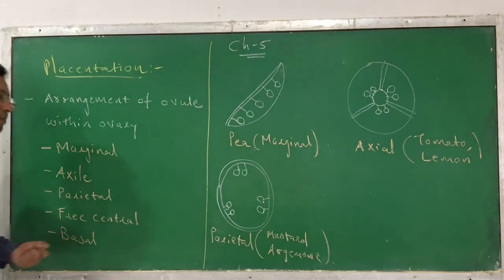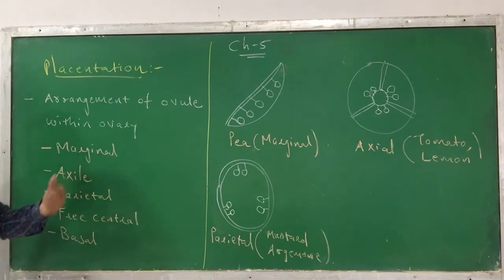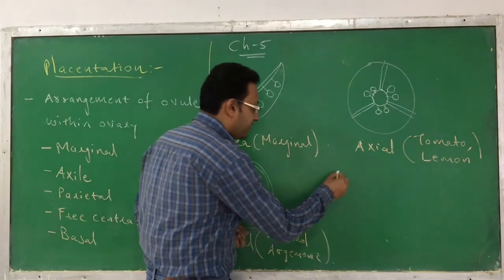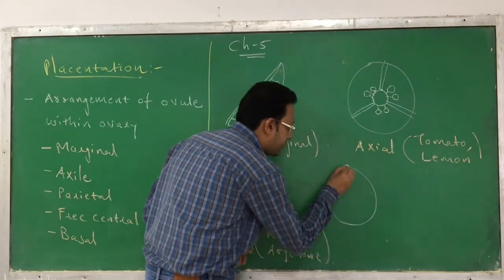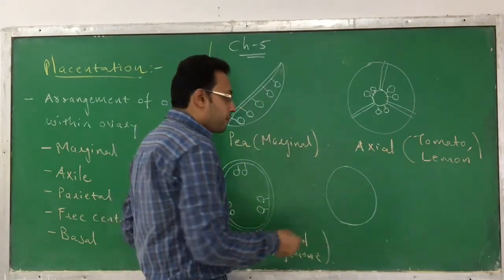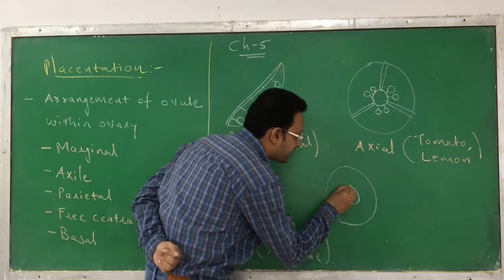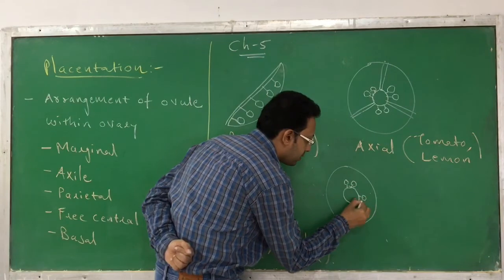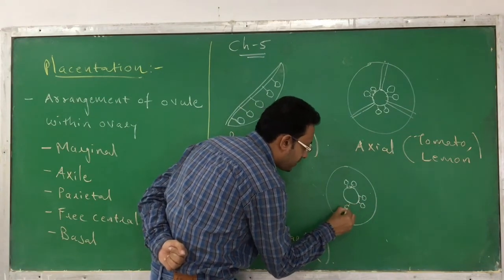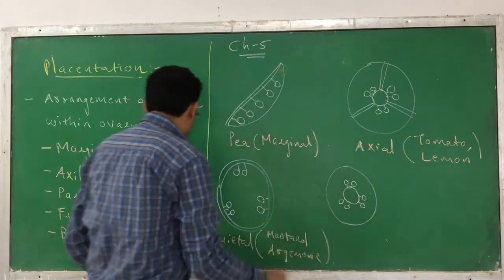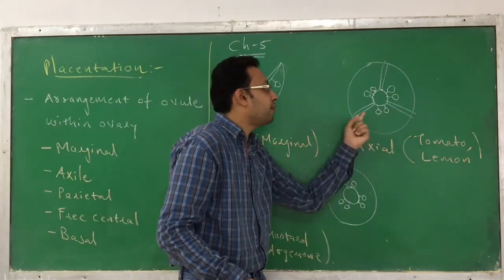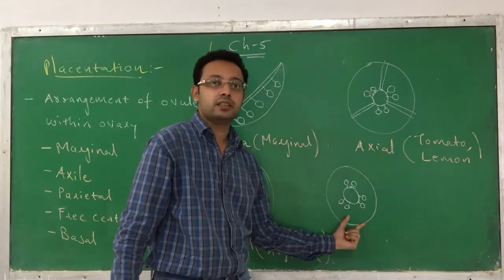The fourth kind of placentation is called free central. So what is free central? The name itself suggests it. Suppose this is an ovary. Here the ovules are present in the center, like this. Ovules arise from the center, but they are free, and they don't form a septum. Septum is absent over here.